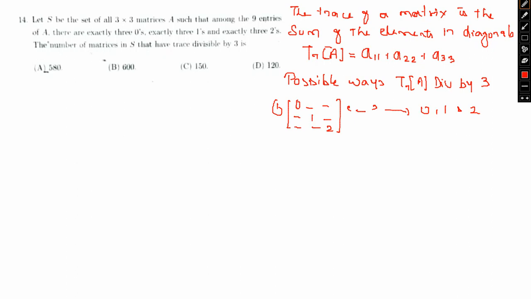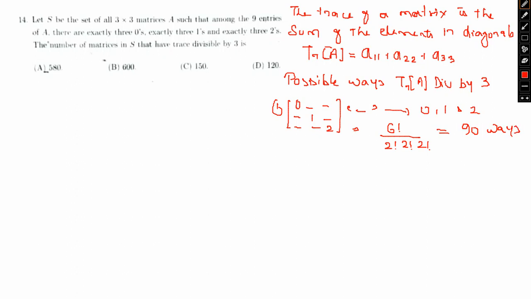This particular thing can be done in 6 factorial by 2 factorial into 2 factorial into 2 factorial. Why? Because there are 6 gaps and each will be repeated twice. So this can be done in 90 ways.